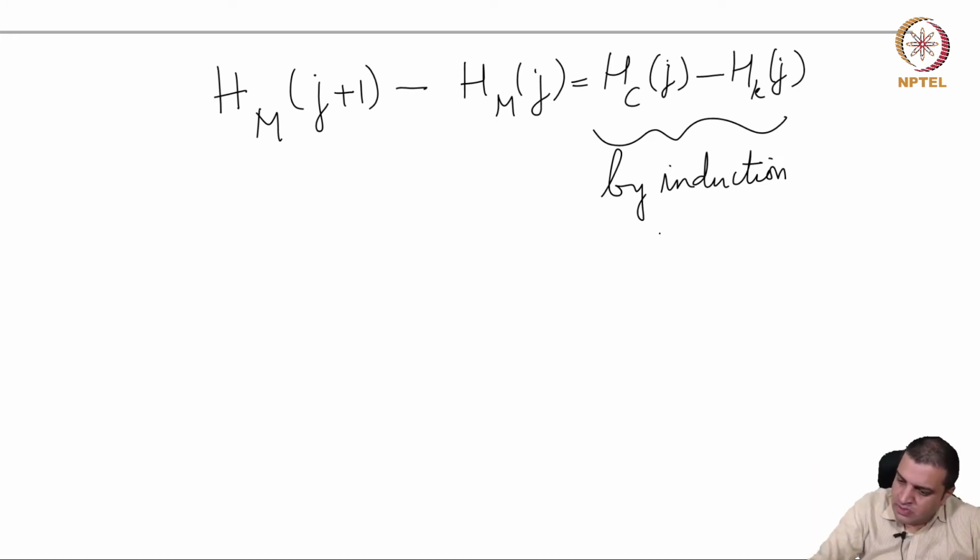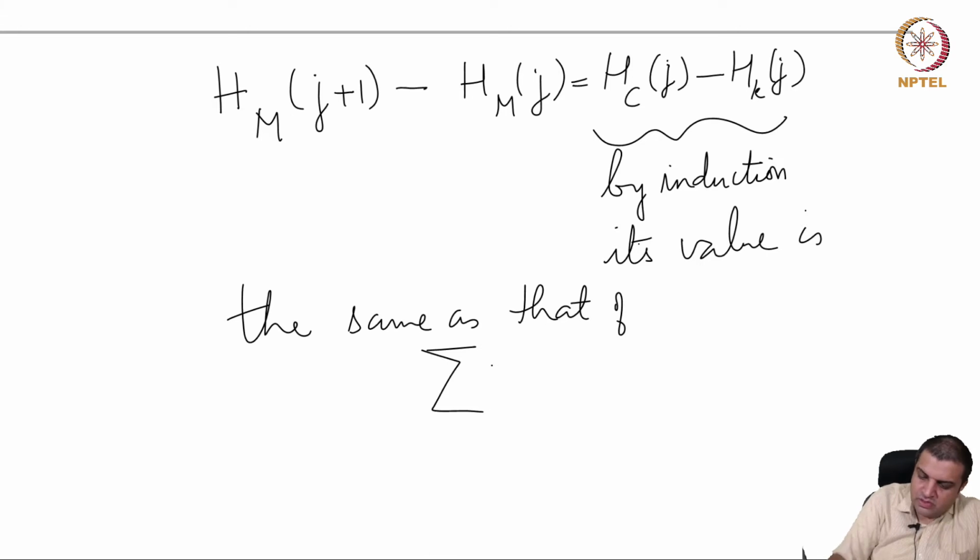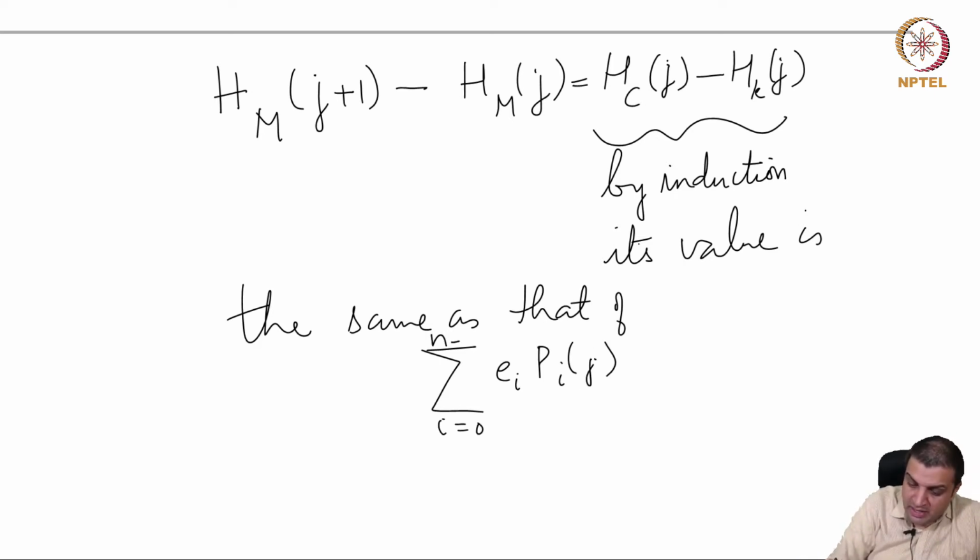Its value is the same as that of some combination of e_i P_i, evaluated at j, with i going from 0 to n minus 2.